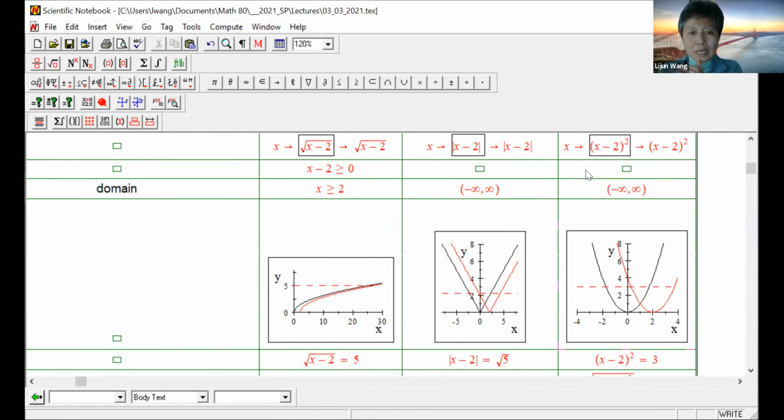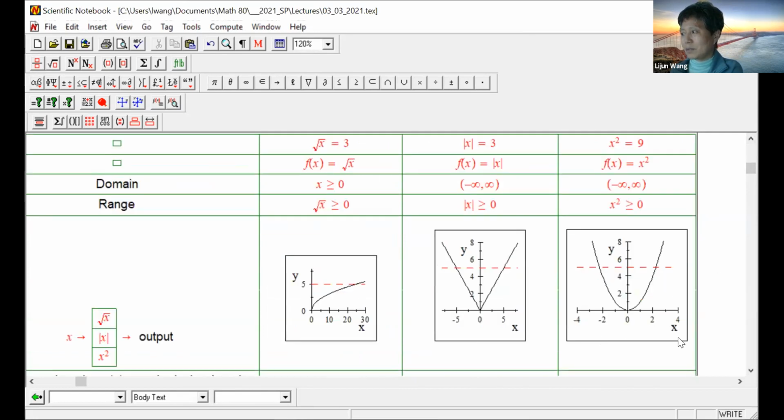Next I would like you to try the next row, and we're going to see the shifting taking place. The next row is x plus 3, x plus 3, x plus 3. Let's see what's going to happen then.